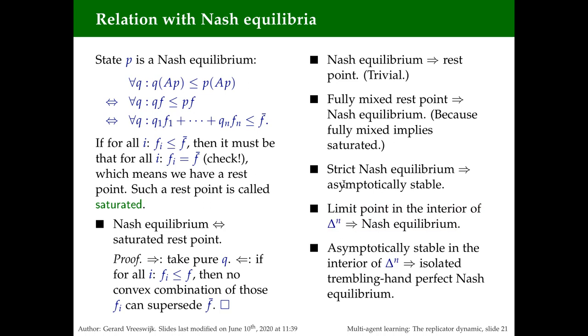And there follow quite a number of implications and interdependencies, which are now rather confusing because you don't have the overview right now, but at the end of this presentation I give an overview in which you see the interconnections. So this one I think is the most important, and this one. If you have a limit point in the interior of the simplex, you know for sure that this limit point of the replicator dynamic is a Nash equilibrium.